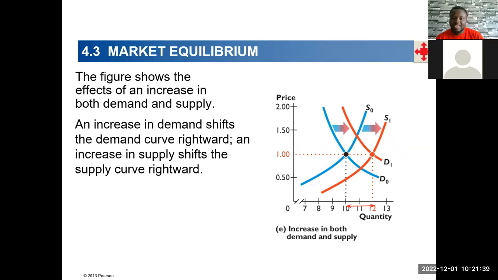What if the increase in supply was just up to this point? That would have caused an increase in price. Or what if the increase in supply was up to this point? It would have caused a decrease in price. So for price, the effect of demand and supply both increasing at the same time is ambiguous. We don't know what is going to happen to price. But the quantity, we are very certain that it will definitely increase. Are we together? Yes.